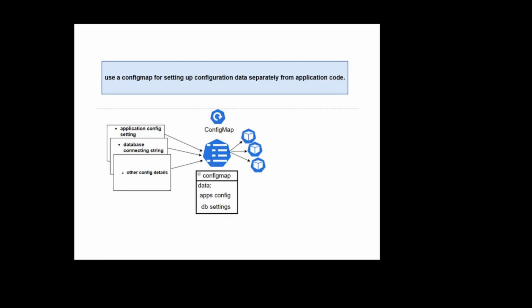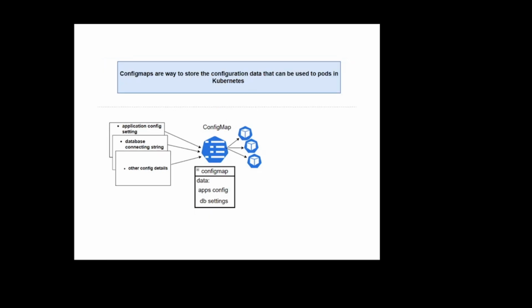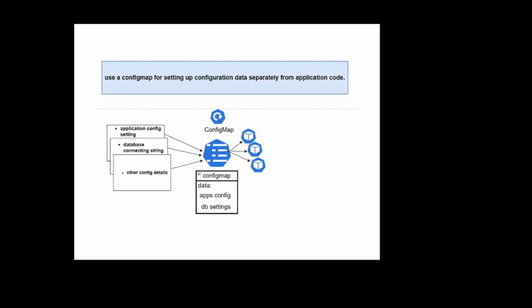Meaning, you don't want to put all your application-specific configuration details in the image or in the deployment configuration, right? Whereas you can store all the application-specific configuration details in the config map, so your deployment configuration can use the config map to get the application information.